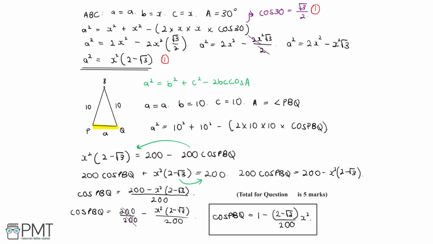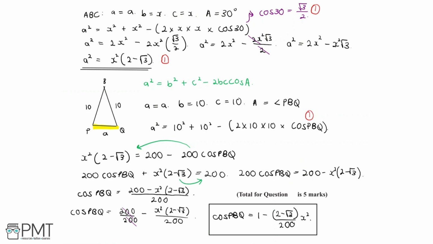Now the third mark is for using the cosine rule to find an expression for cos PBQ. And we used it over here. We said a squared equals 10 squared plus 10 squared minus 2 times 10 times 10 times cos PBQ, and that will get us that third mark. The fourth mark will be for using what we found for a squared earlier, where we said a squared equals x squared (2 minus root 3), and for substituting this into our expression for cos PBQ.